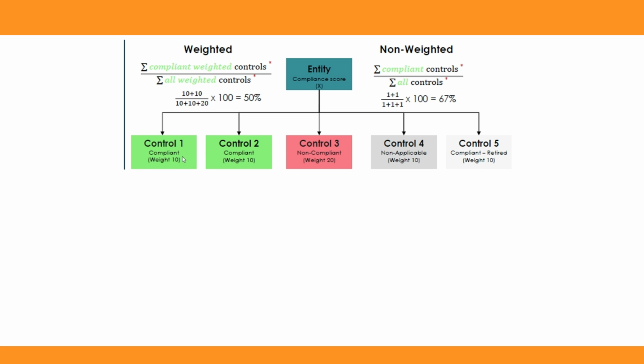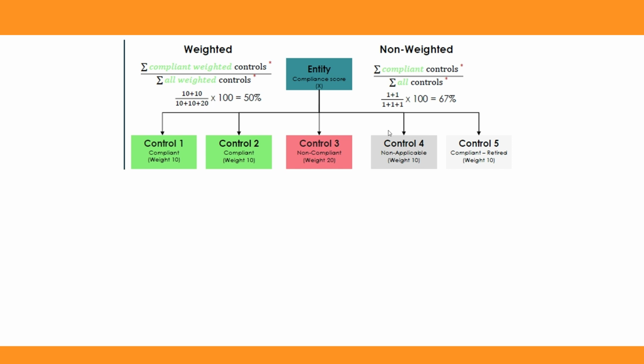Control 1 is compliant and its weight is 10. Likewise, control 2 is also compliant, and its weight is 10. So these two controls are compliant and their weights will be taken, that means 10 plus 10. Control 3 is non-compliant, which is why it has not been considered. It is just 10 plus 10, not 10 plus 10 plus 10, which would be 30. It is not like that.